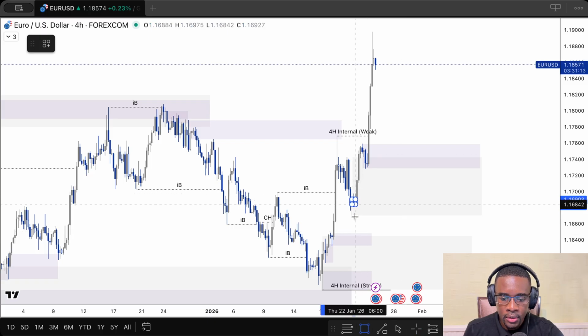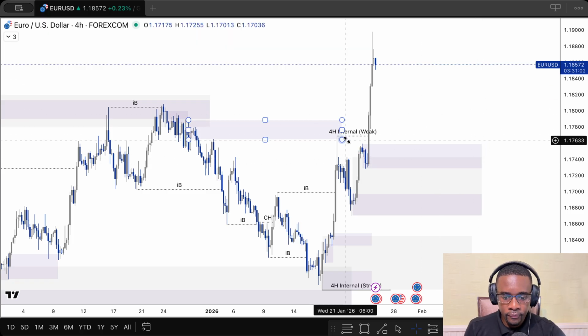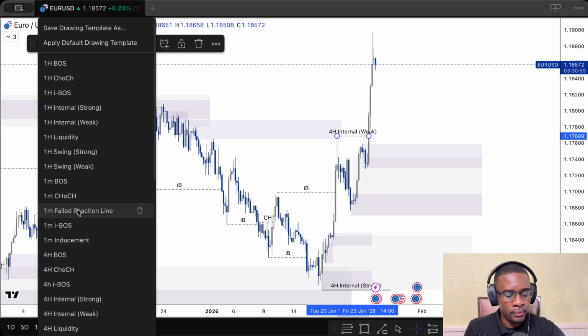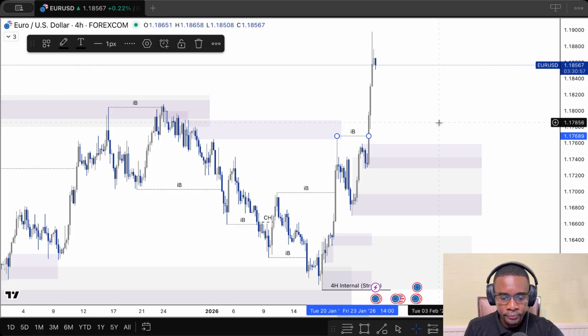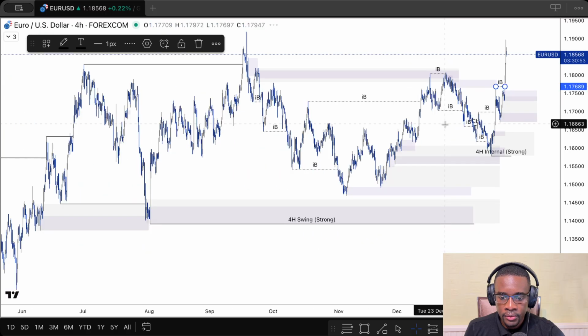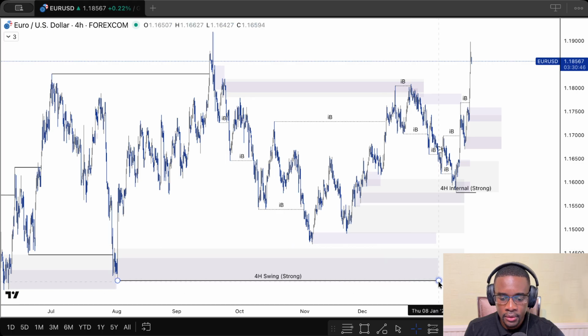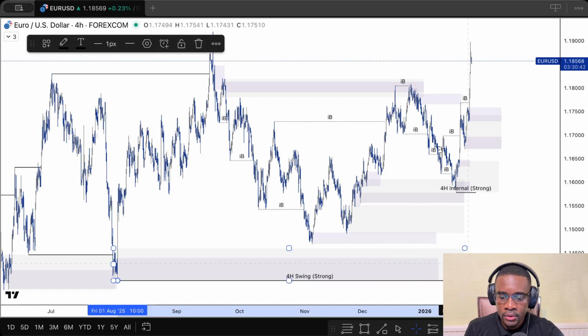I'll also mark the whole range like that, and that is now our internal break. Our swing is still intact.